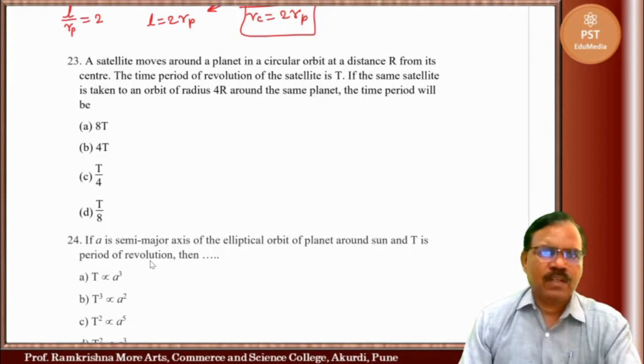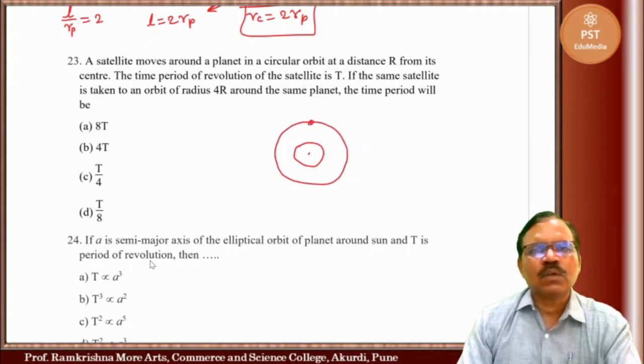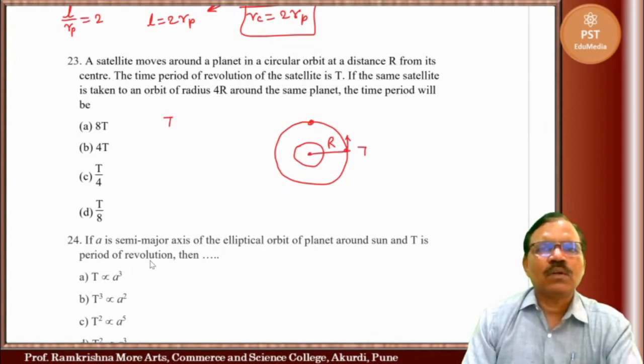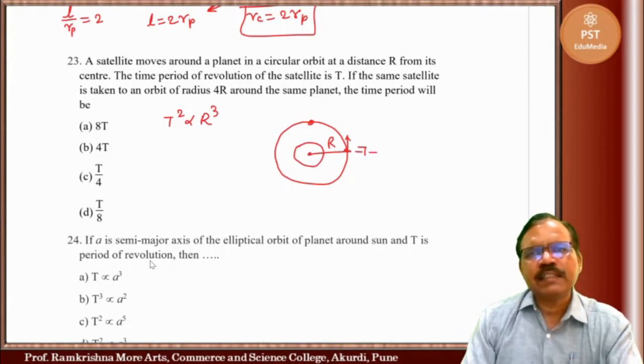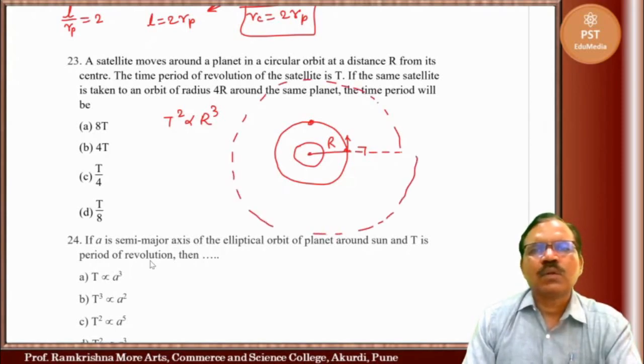So here, suppose this is the planet and this is the orbit of the satellite. So this orbit is r and its period of revolution is t, and we know t square is proportional to r cube. Now suppose the same satellite is taken here, so the total radius is 4r.